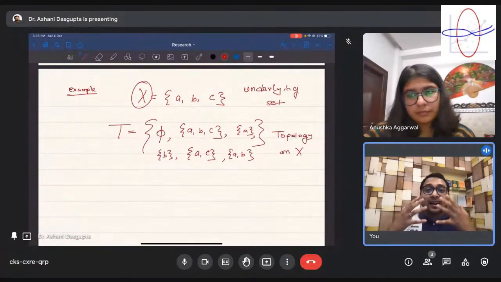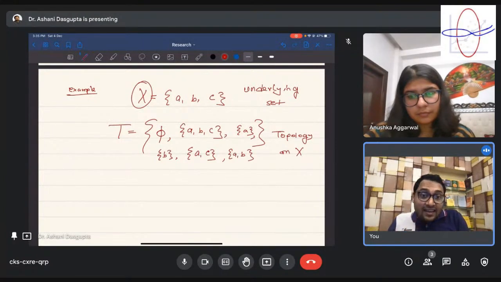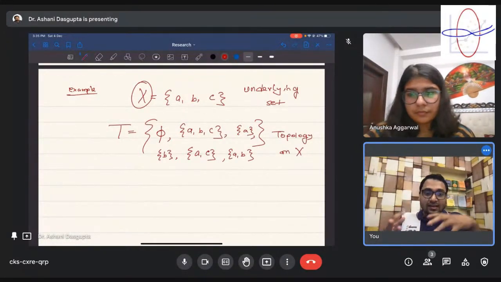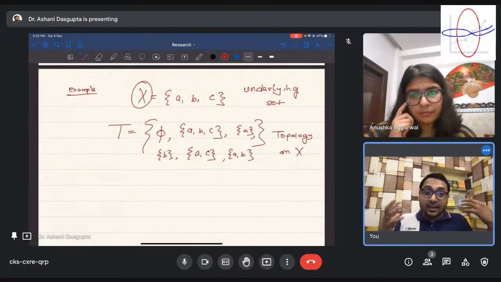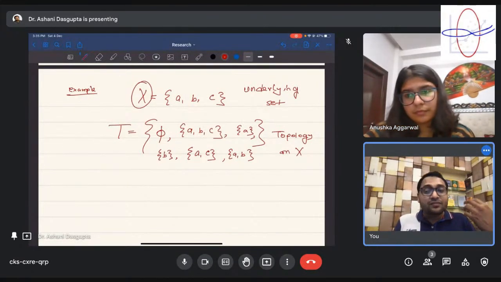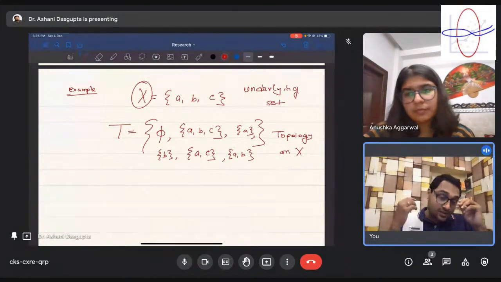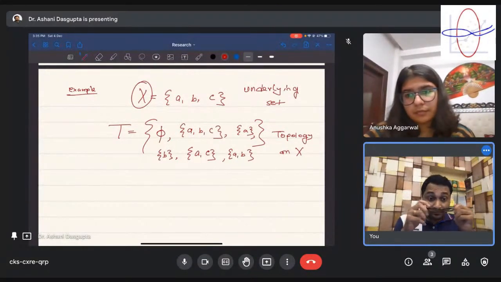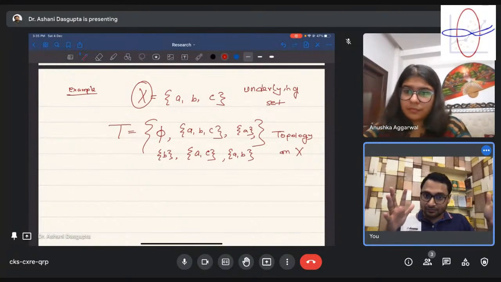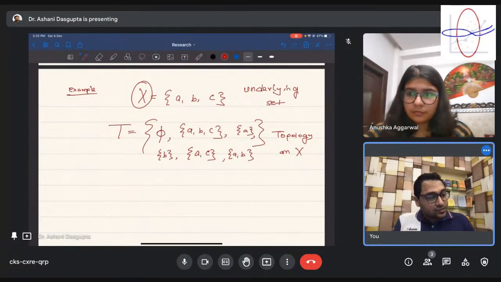It's just a collection of subsets of X such that the collection has a desirable property. The collection has the entire set, the empty set, the finitely many intersections, and possibly infinite unions are also in the set. So all of these four properties are there. Okay, great. So we have an example.